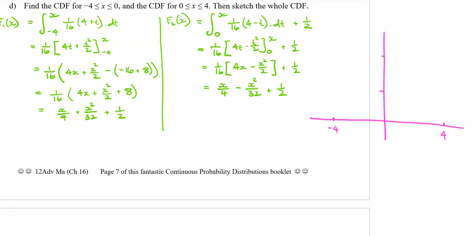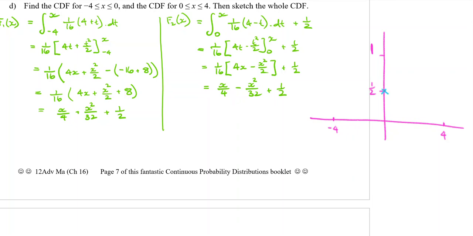And we know this is cumulative, and it's going to come up here to 1. Cumulative, the probabilities have to add to 1. Half is important because we know that our first graph is going to end there. So between minus 4 and 0, we know it's going to end here at a half.